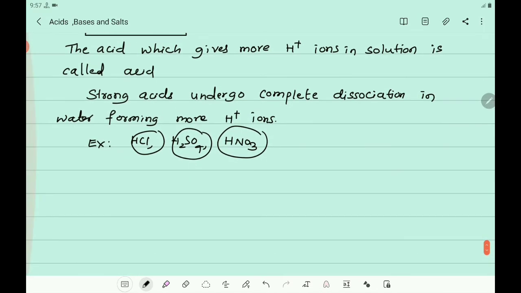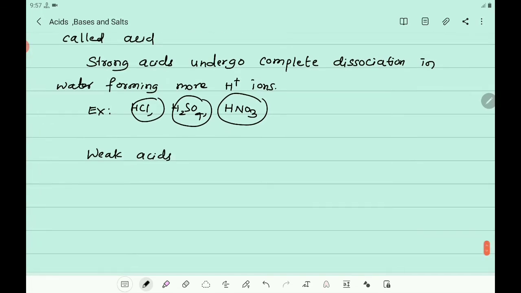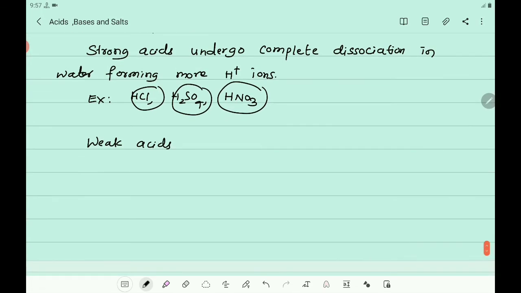Then you take weak acids. What are weak acids? The acid which gives a smaller number of H plus ions in the solution, meaning that it will not undergo complete dissociation, it will undergo partial dissociation.